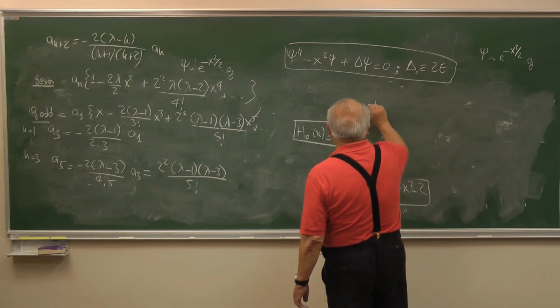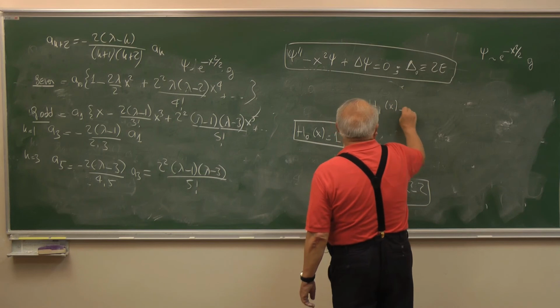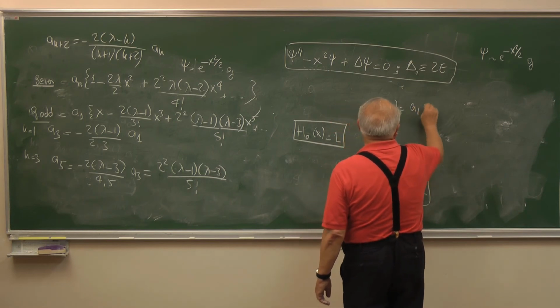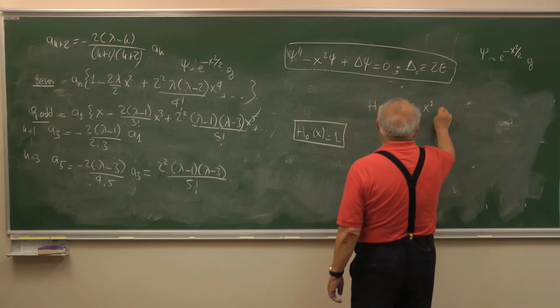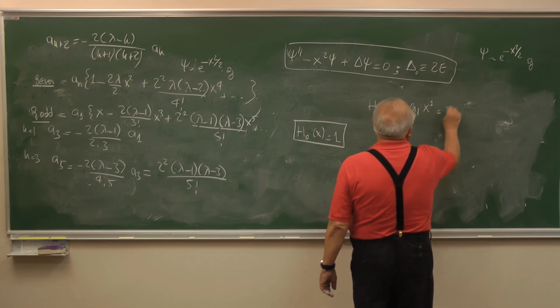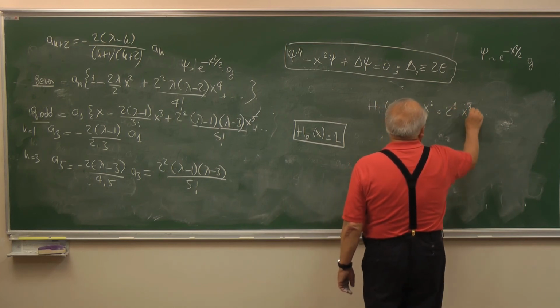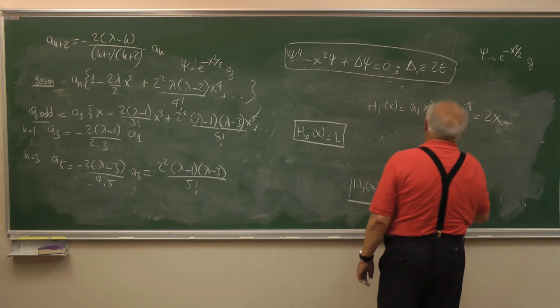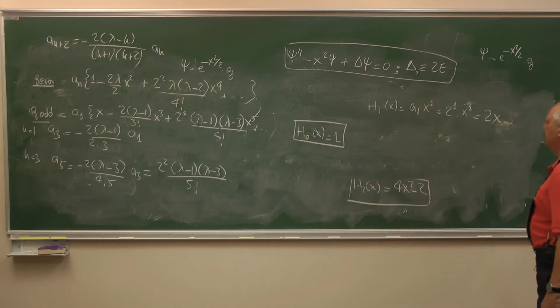So H1 of x is equal to a1 x to the 1. But this is 2 to the 1 times x to the 1. So it is 2x. H1 is equal to 2x.